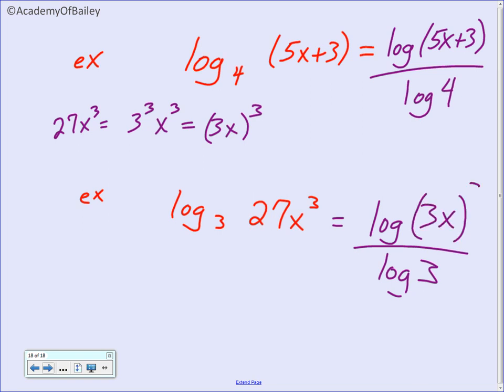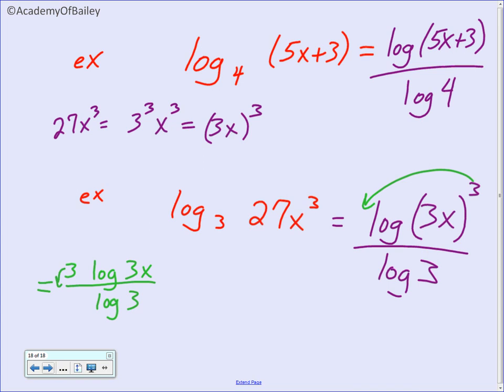So where are we at? 3x cubed. Okay. And so now from here, this 3 will go out front. So we have 3 log of 3x divided by log of 3. Okay, since 3 is on top of a fraction, you want to remember how to use fractions.